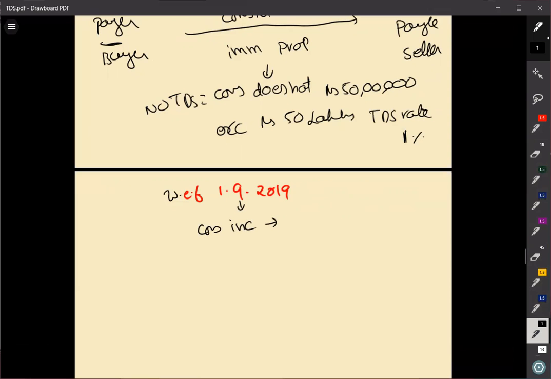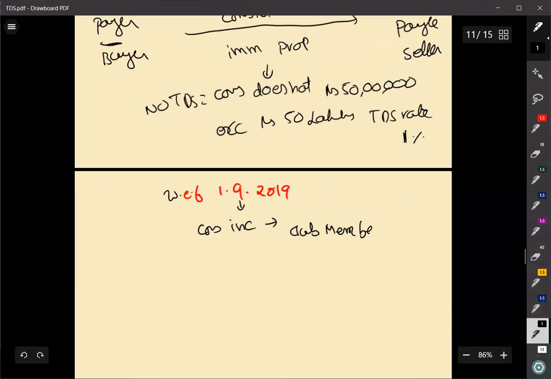Consideration includes all charges in the nature of club membership fees. Say the immovable property which the seller is selling to you includes a club membership fee. You are buying a property in a township, and for that you need to pay some membership fees.